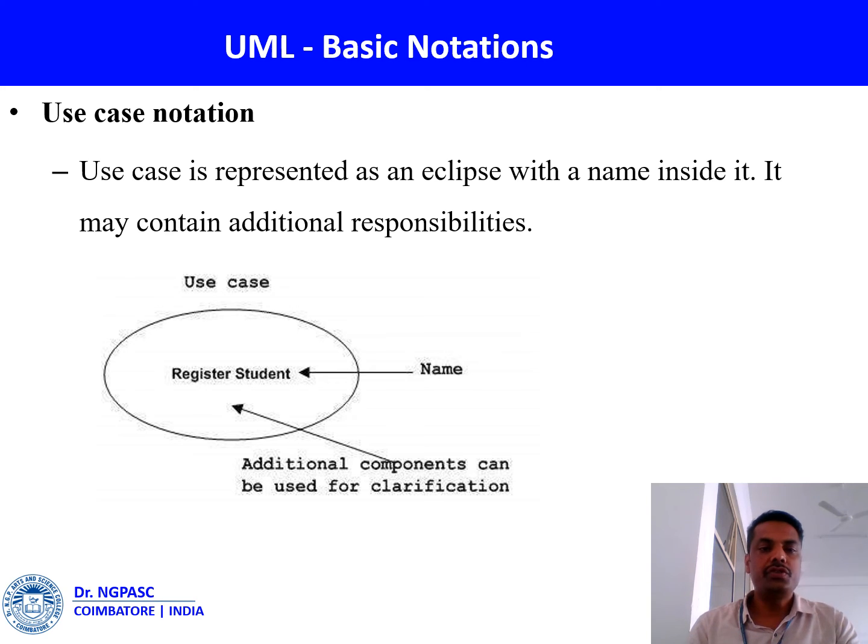The next one is use case notation. Here, the use case is represented as an ellipse with a name inside it. It may contain additional responsibilities. Here, for the use case, register student, we give the name of the student, and we can also enter additional information in the ellipse.